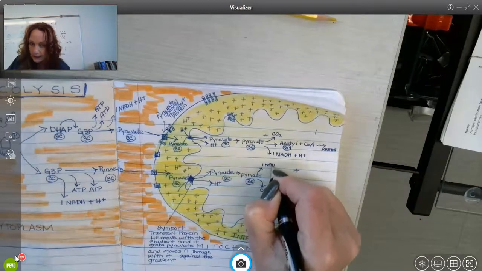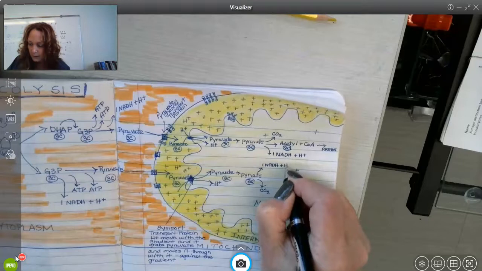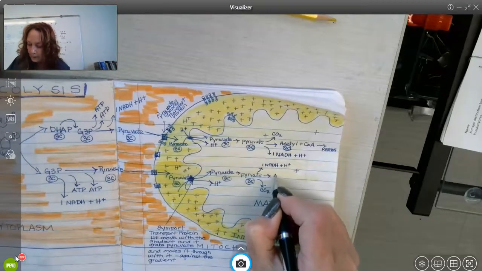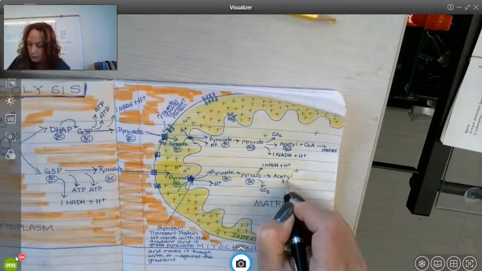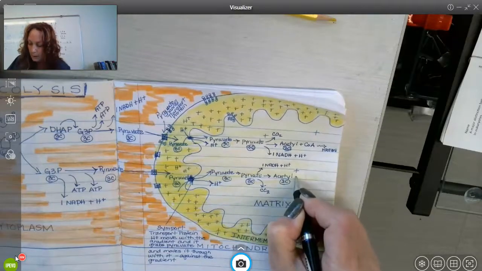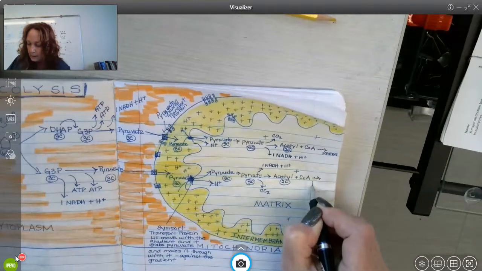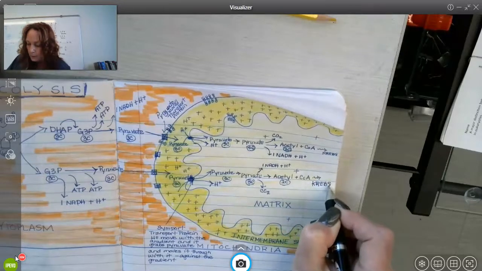So NAD will be reduced to carry those electrons. You'll have hydrogen ions created. Pyruvate then becomes acetyl, which is a 2 carbon. We add the CoA to it, and that's going to go off to Krebs.